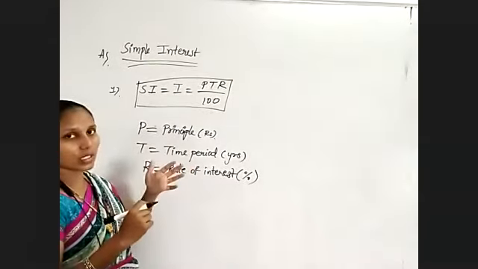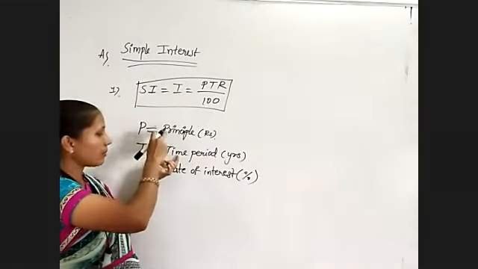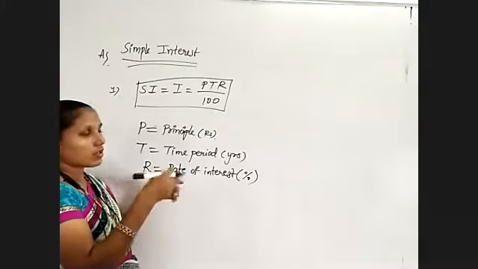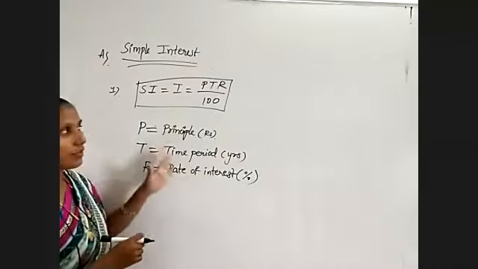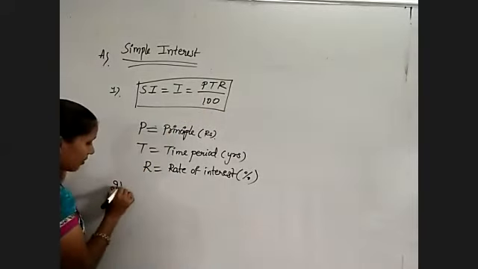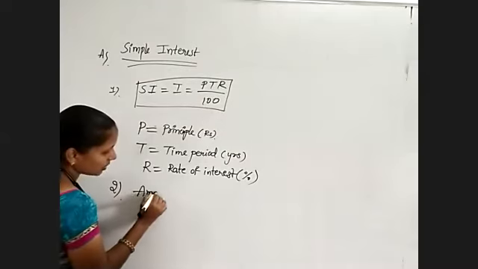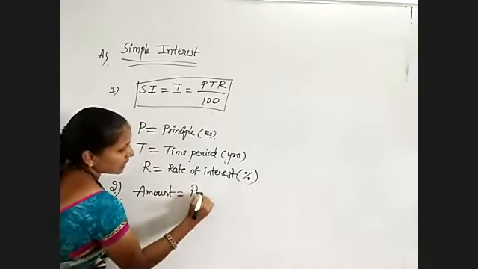So to get the amount, we must add interest to the principal. These are the different terms involved in this formula. And we have the second formula: amount is equal to principal plus interest.